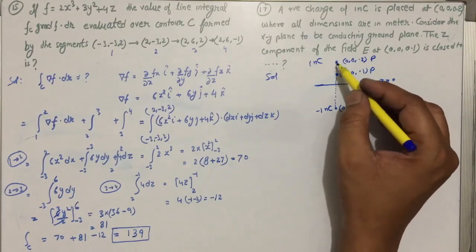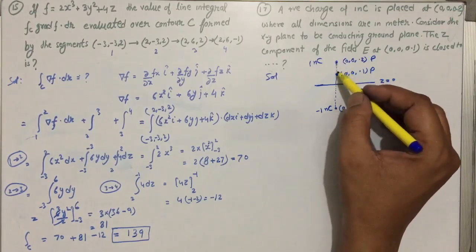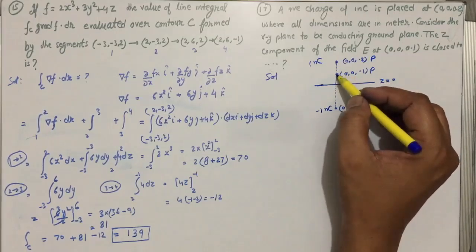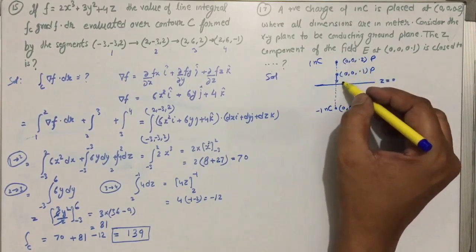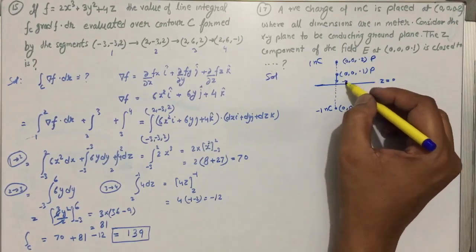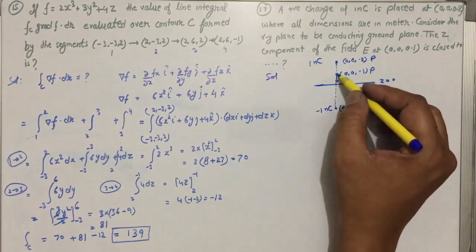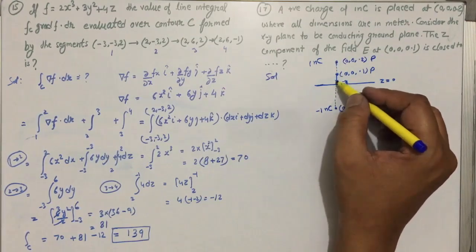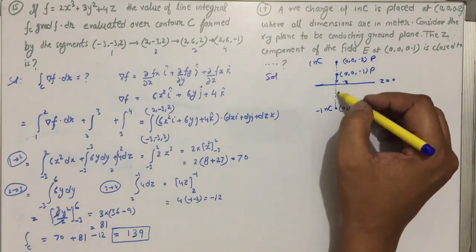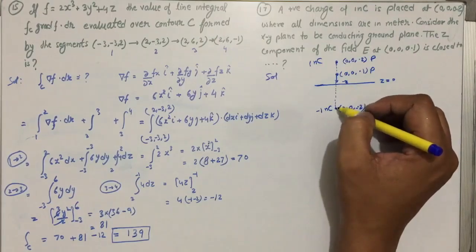From here to here the charge is positive, so the field will be in the negative z direction, and due to this other charge, as it is negative, the field will again be in the negative direction, towards the negative charge.